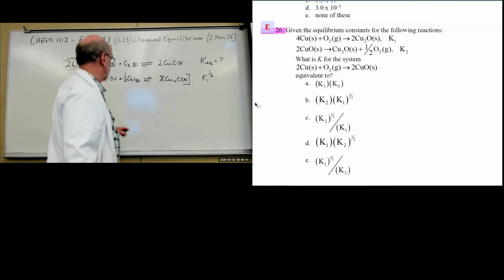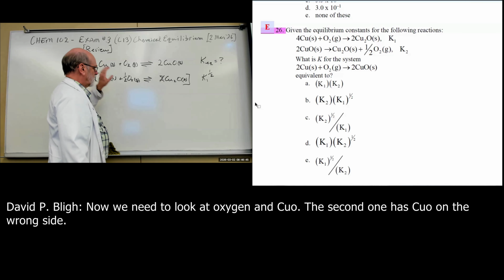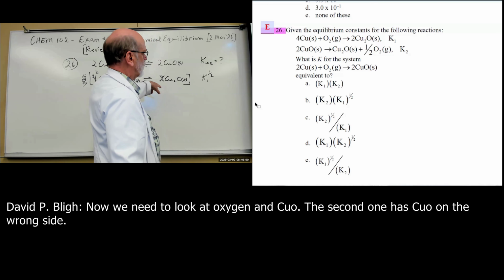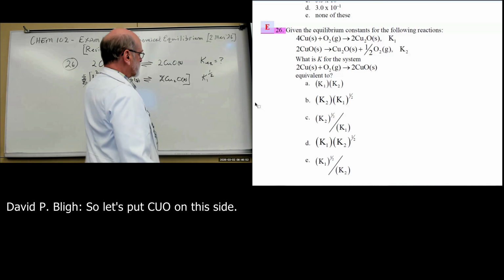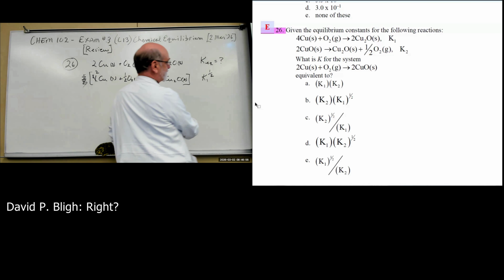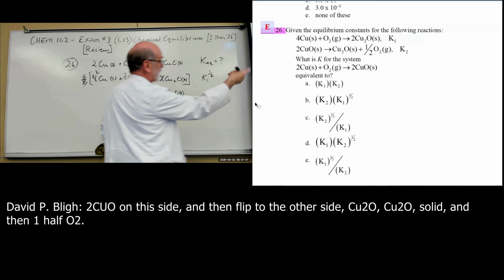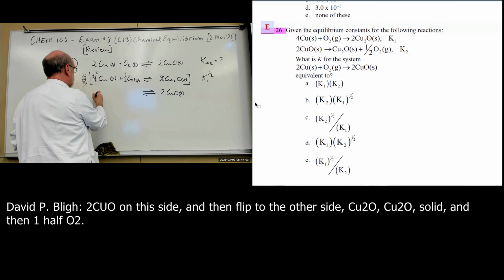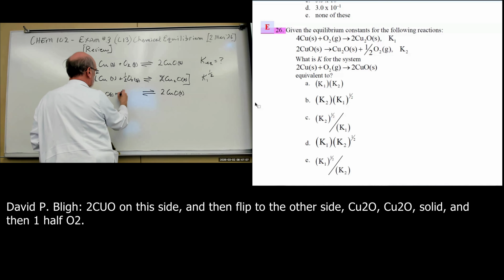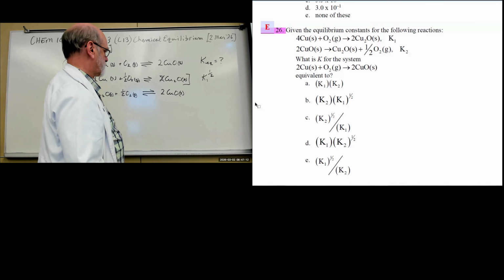Okay. So we've taken care of the copper. Now we need to look at oxygen and CuO. The second one has CuO on the wrong side. So let's put CuO on this side. Right? 2CuO on this side. And then flip to the other side, Cu2O solid, and then 1/2 O2, like that.